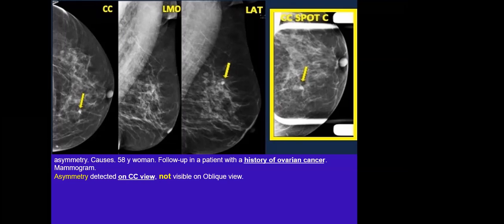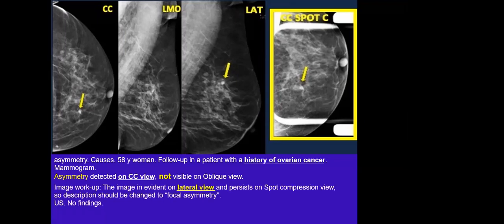See, in this case, they have done a straight lateral that demonstrates the lesion, and spot compression demonstrates the lesion. So this lesion is real and is persisting. Even here on the spot, it gives the appearance of a mass-like lesion. It is tiny, so I have to proceed to ultrasound.